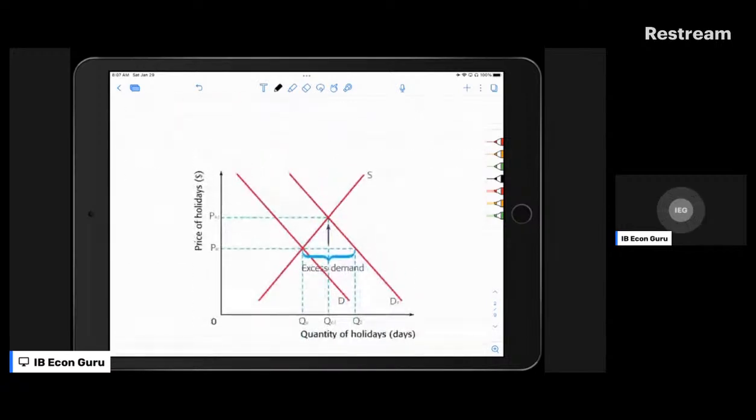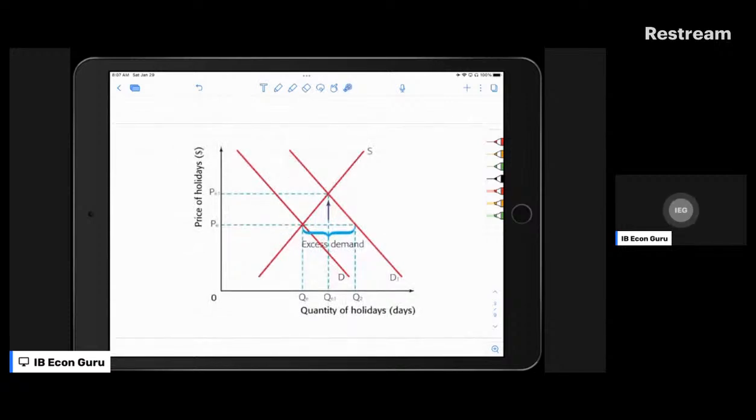Here, for example, you have the price of holidays on the y-axis and the quantity of holidays. There's a shift of the demand curve, which I describe as an increase in demand, because the whole curve has shifted to the right. This increase in demand has created a situation of excess demand, another word for a shortage.